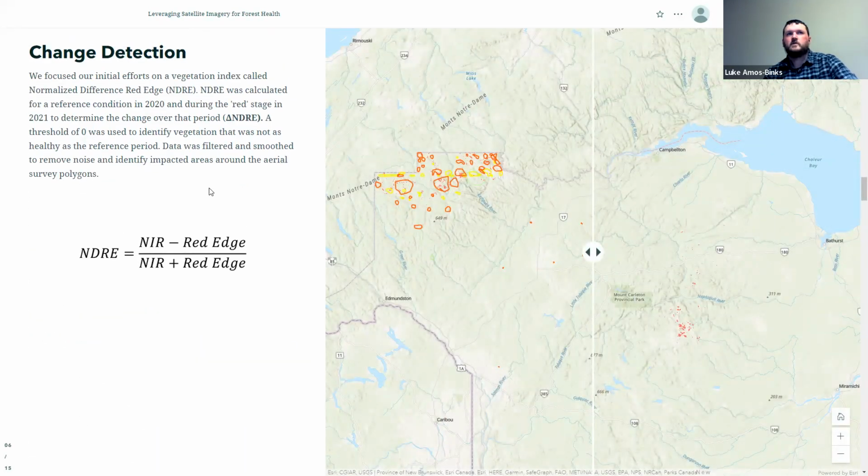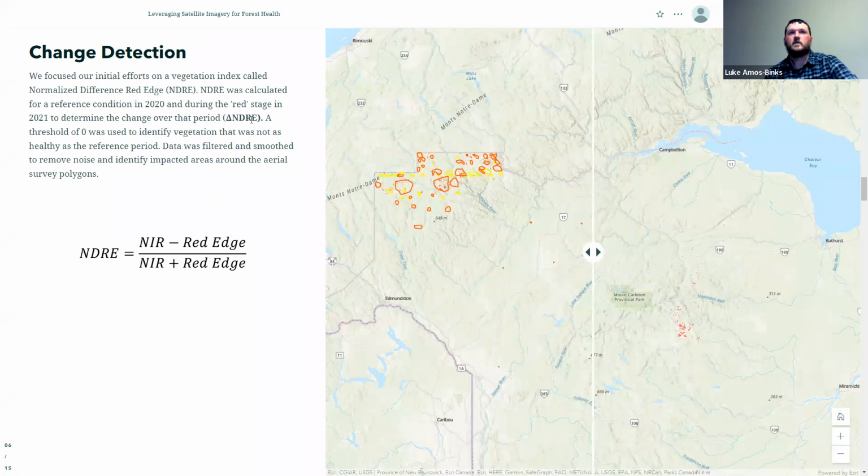We focused our initial efforts in the change detection on a vegetation index called the normalized difference red edge index. NDRE was calculated for a reference condition in 2020 and during the red stage in 2021 to determine the change over that period.